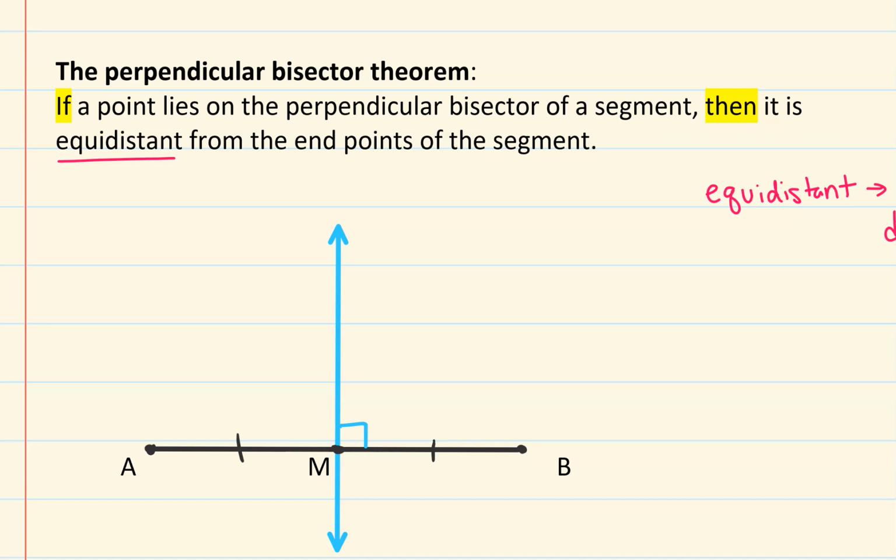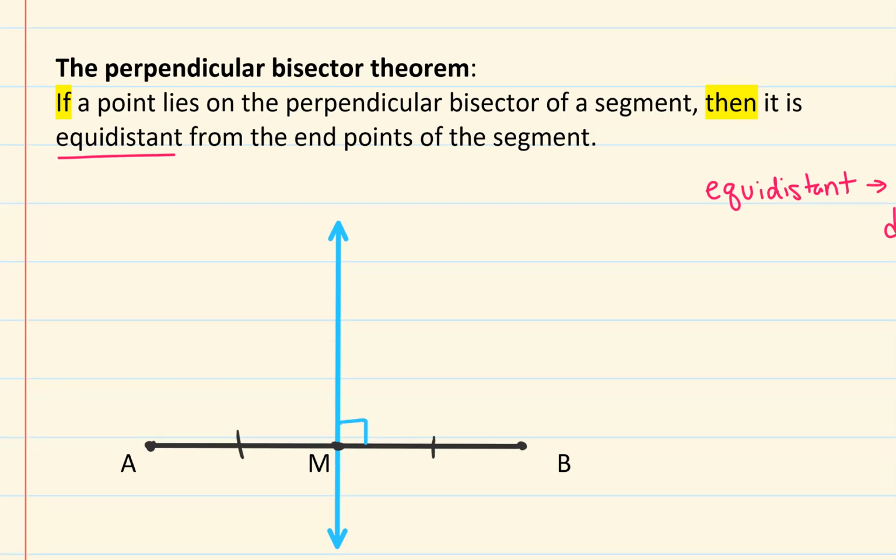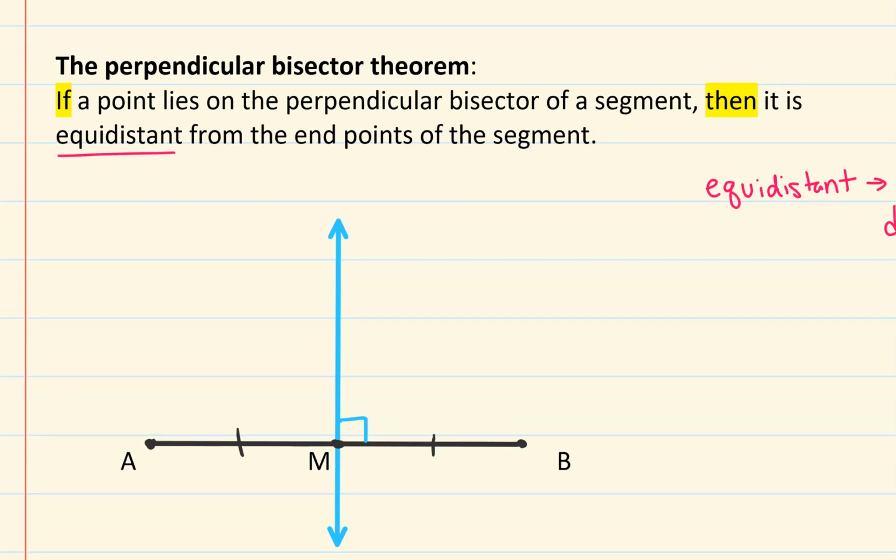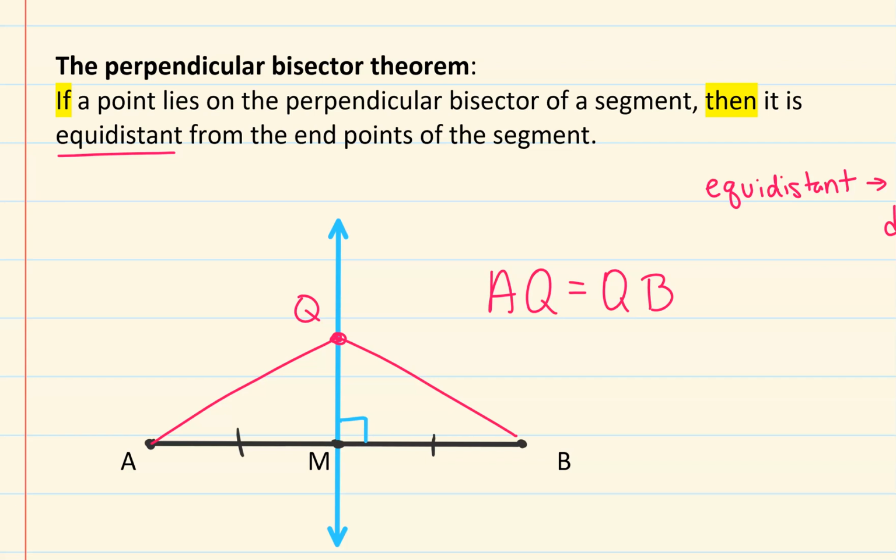And I just realized that we forgot to finish the drawing for this after we did it on your paper. So somewhere on this perpendicular bisector, go ahead and put your point Q. You did it on the little half sheet, but I don't know if you did it in your spiral. And say that AQ is equal to QB.